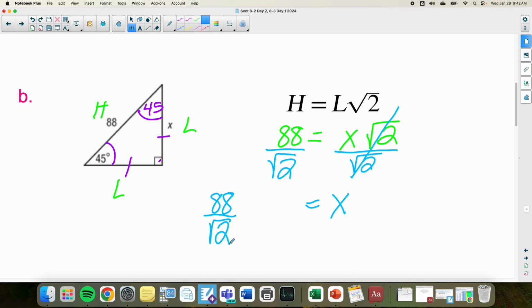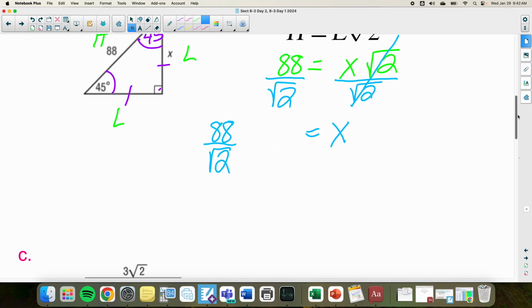So next year when you take Advanced Algebra 2, this is another thing that you're going to be doing, and it's called rationalizing the denominator. There is a rule in math that you cannot leave a square root on the bottom. And how you get rid of that square root is you multiply it by itself.